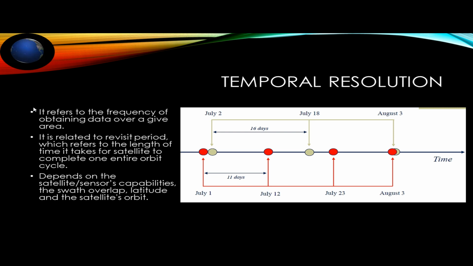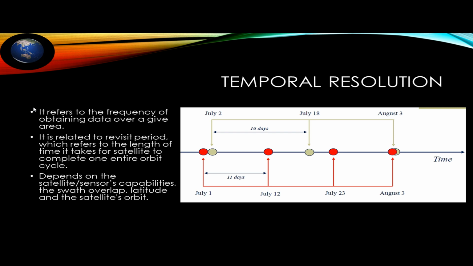At what time or by what frequency is it coming again? For Landsat, for the same place, it captures the image in 15 days, or maybe around 20 days, I guess.